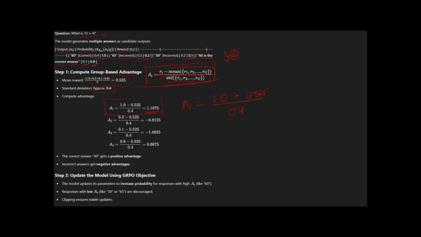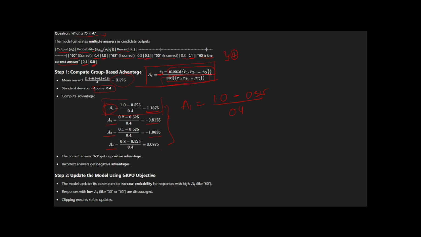Similarly, we will calculate the advantage function for the second, third, and fourth outputs. From these, we can see the second and third outputs get a negative advantage because these outputs are incorrect. And the first and last get positive advantages, but the first output gets the highest advantage because it is the correct value. So this is how the advantage function is calculated in GRPO.